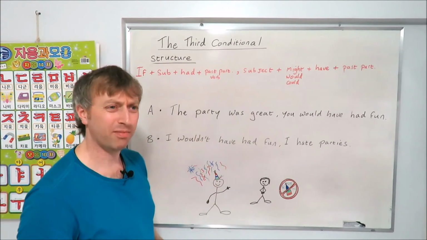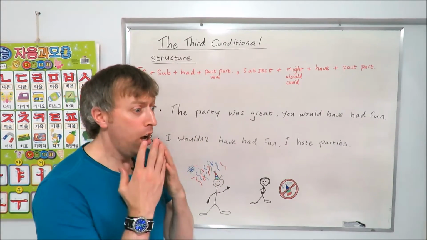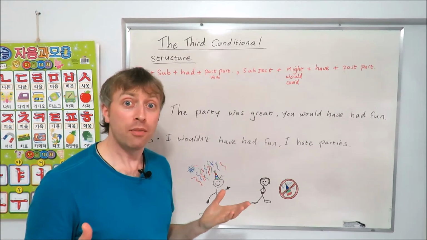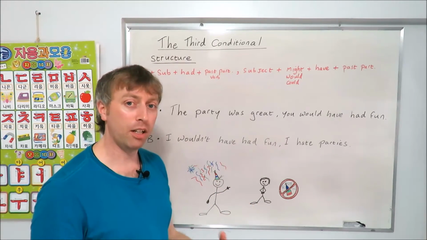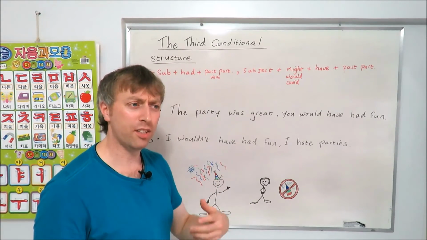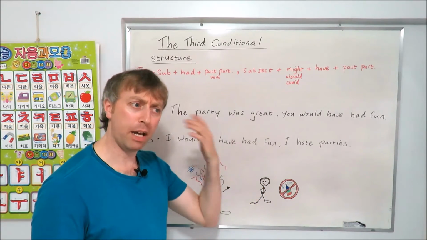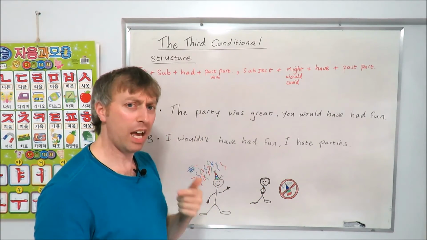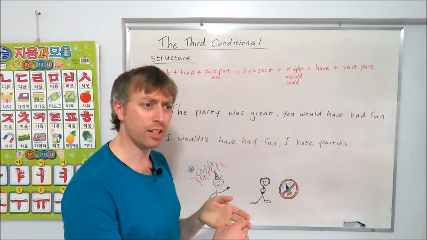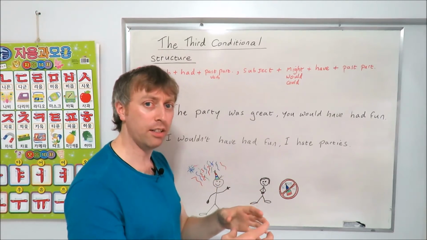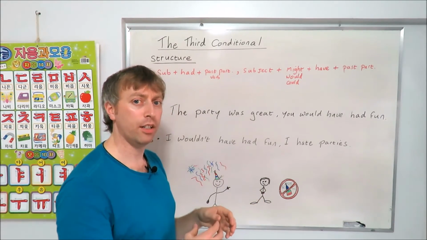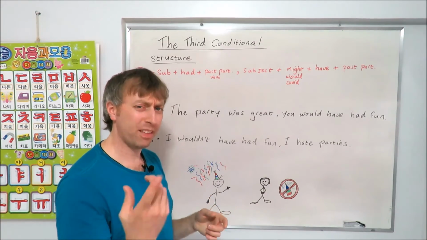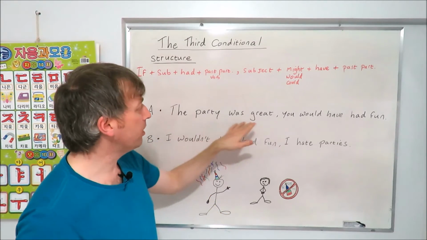If you look at them, there's no if clause. Where's the if clause? It's implied. In other words, it's there in the back of our minds. So we don't have to say it and we don't have to write it. If it's implied, then it's fine. What do I mean by this? Let's have a look at this. The party was great.